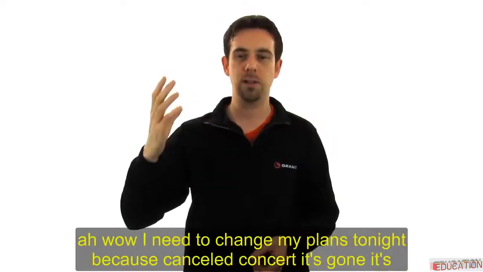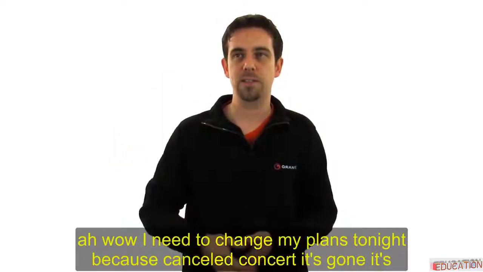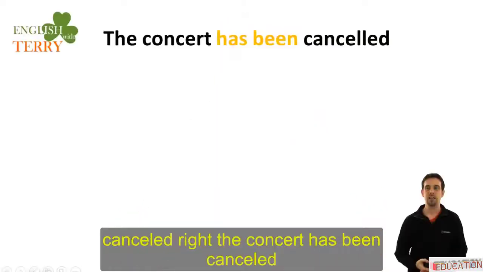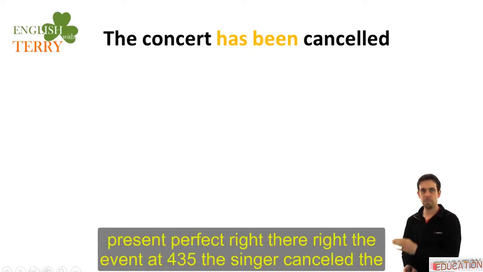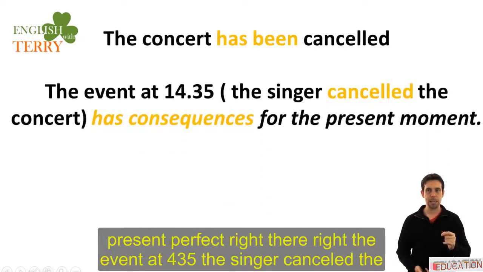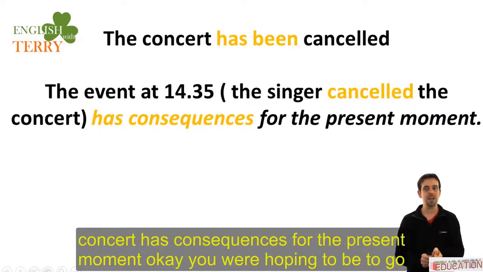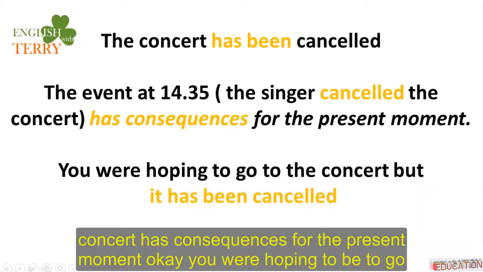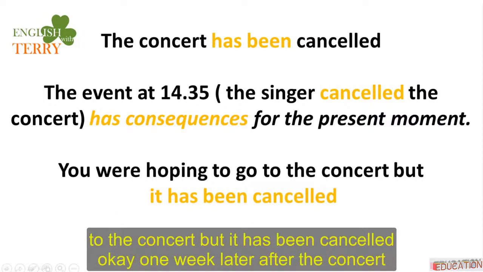Suddenly, wow, I need to change my plans tonight because the concert is gone, it's cancelled, right? The concert has been cancelled. Present perfect, right there, right? The event at 14:35, the singer canceling the concert, has consequences for the present moment, okay? You were hoping to go to the concert, but it has been cancelled, okay?